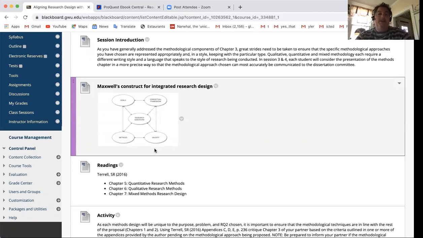Many students ask me, should I put this into my chapter 1? Why not? There's really no reason why you can't help your reader understand the relationship between these components as they relate to your research question. In fact, once we get rolling along a little further, you're going to see me constantly saying, remind the reader, what is your research question?